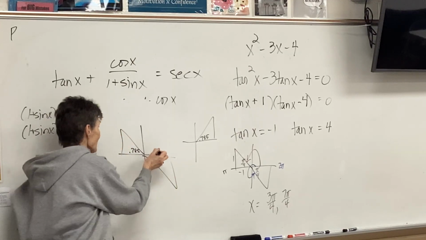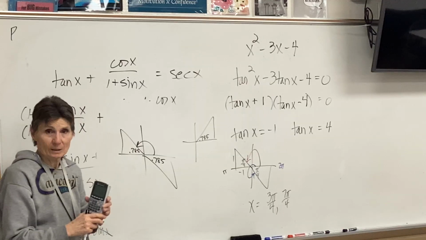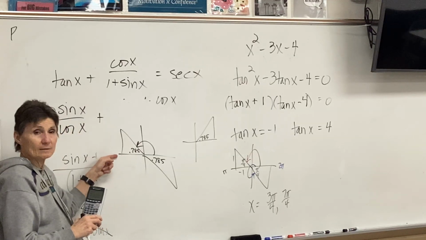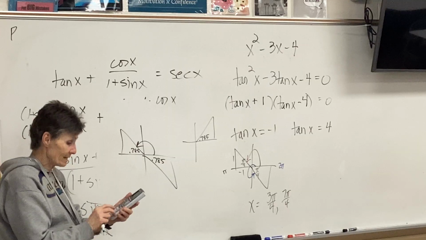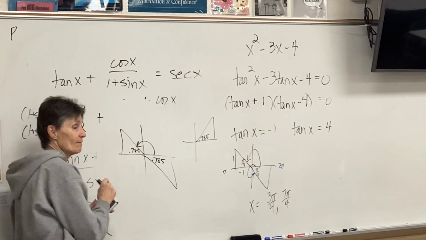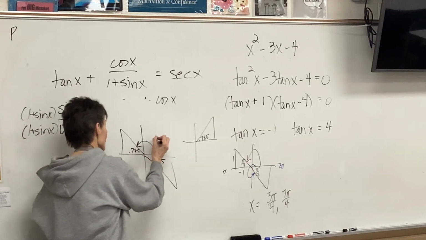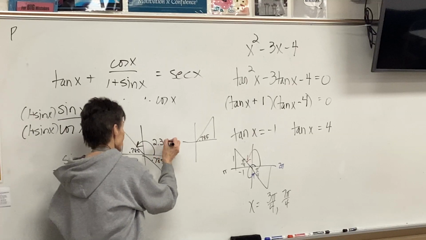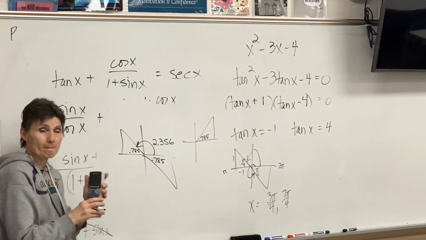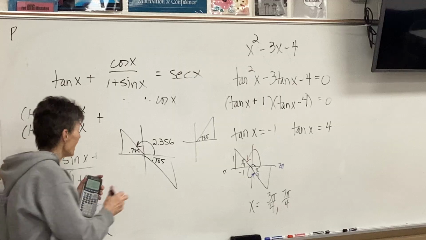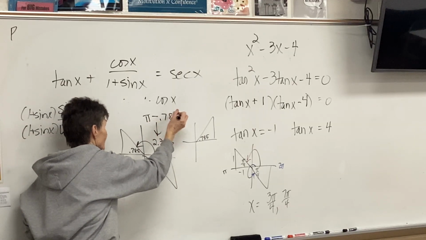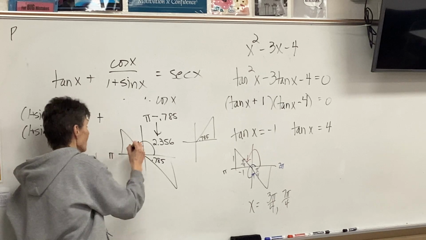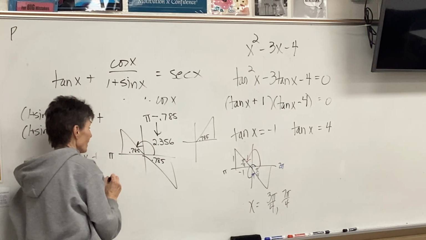So I need the same angles, but now I'm going to do it differently. This is pi. So that angle will be pi minus 0.785. So that is 2.356. And then, okay, so this is pi minus 0.785.